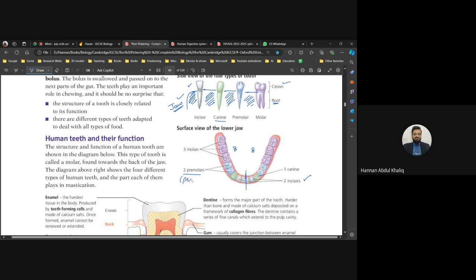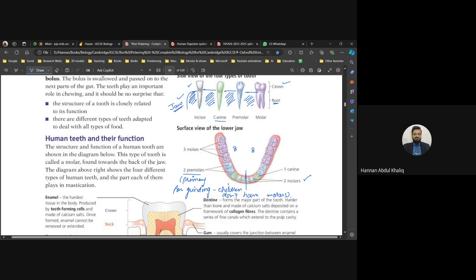They are primary for grinding in the children. Why? Because the children don't have molars. They only have premolars.